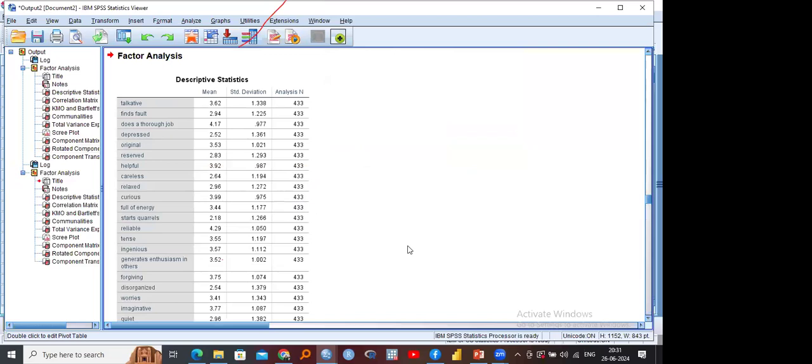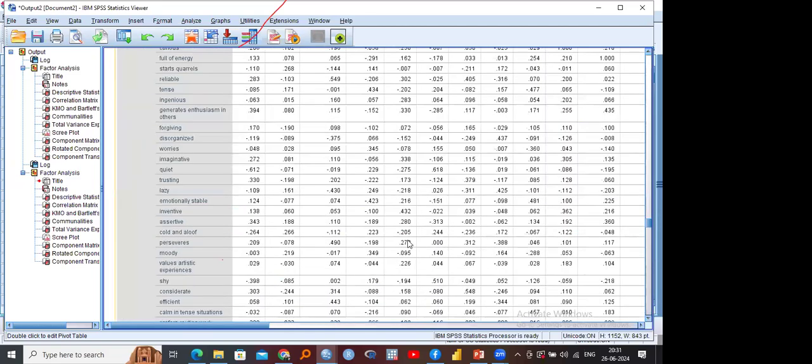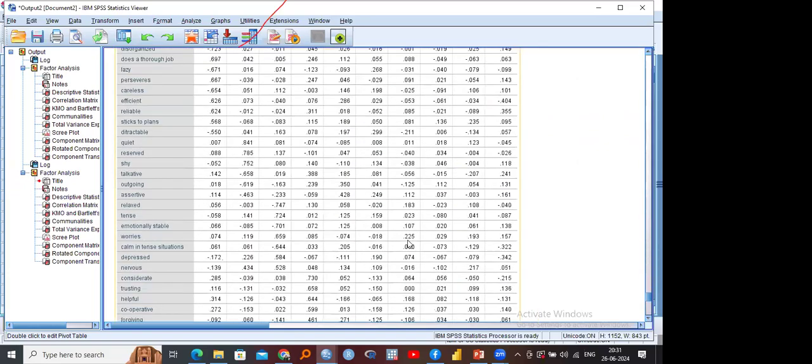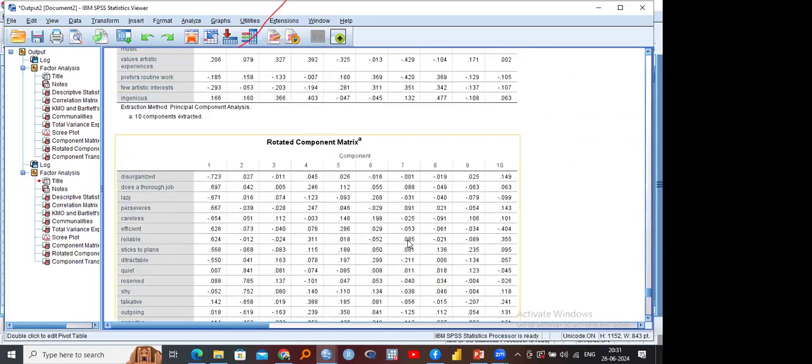Now the software has rerun the factor analysis. Ignore all the tables because nothing else will change. Just come to the last and see rotated component. Now can anybody tell the difference? I would be happy if anybody of you can identify what difference has been made.